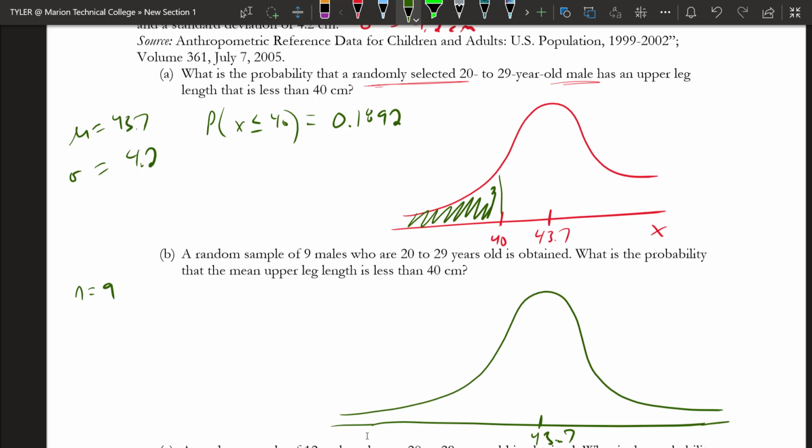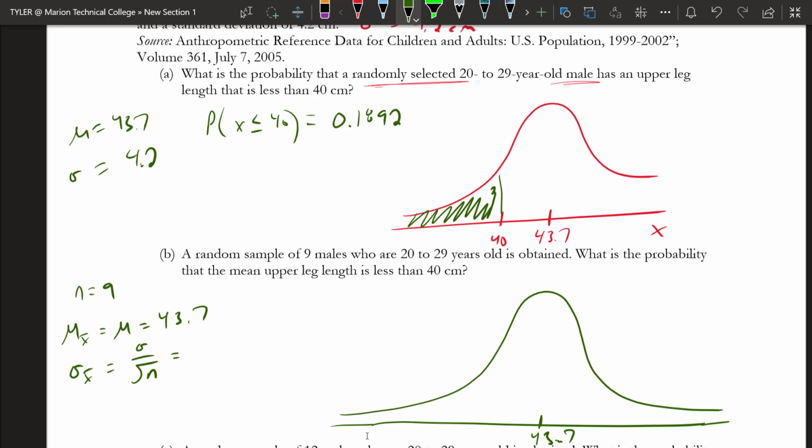Because in part B, the standard deviation is going to be different. So up here, the standard deviation is 4.2, whereas down here in part B, the mean of x bar is equal to mu, which is still 43.7, but the standard deviation is equal to sigma divided by the square root of n.